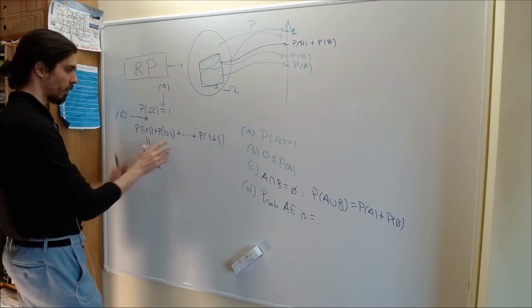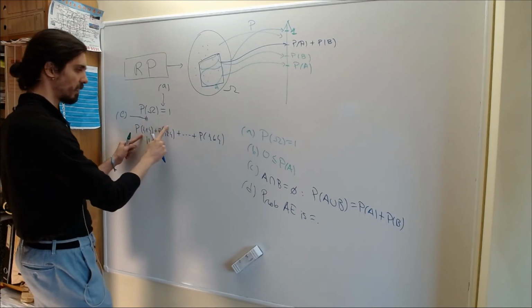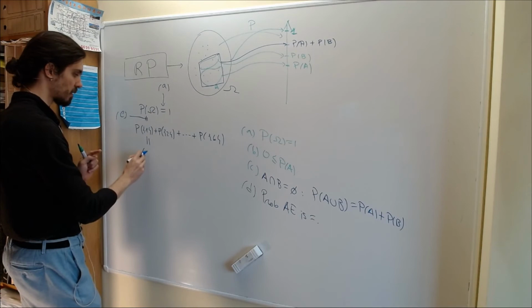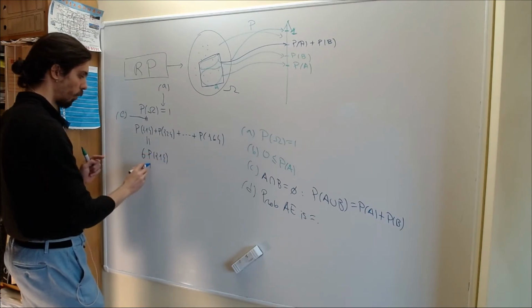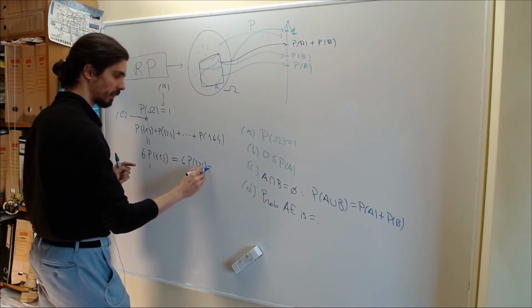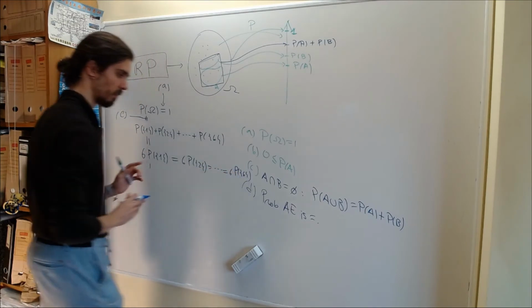We can say, because, notice, the probability of atomic events is the same, so this probability is the same as these, etc. So in fact, this is the same thing as 6 times the probability of 1, or 6 times the probability of 2, etc., or 6 times the probability of 6. Okay?